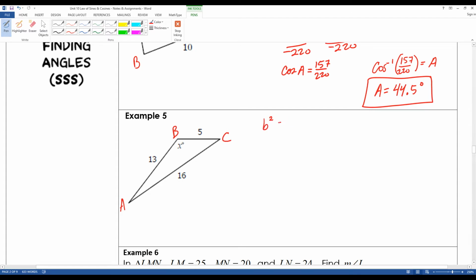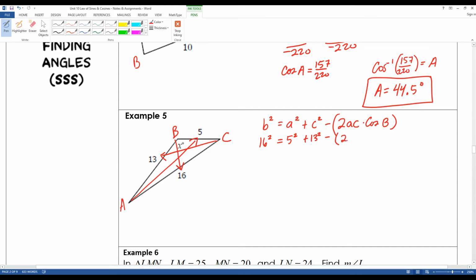So B squared would equal A squared plus C squared minus 2AC times the cosine of B. Now, B is 16, A is 5, and C is 13.